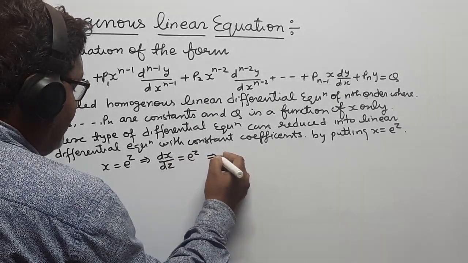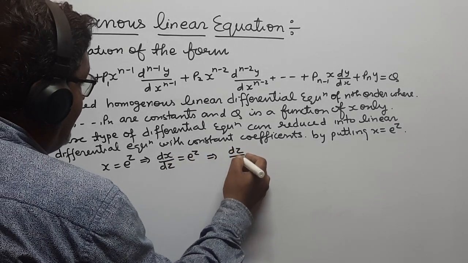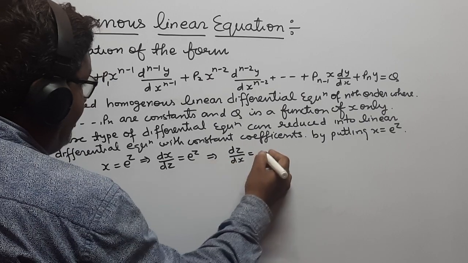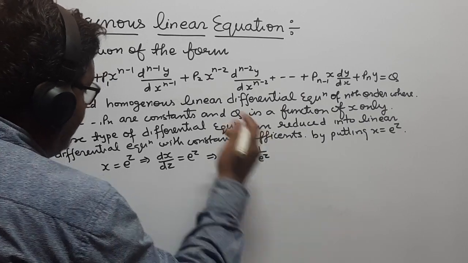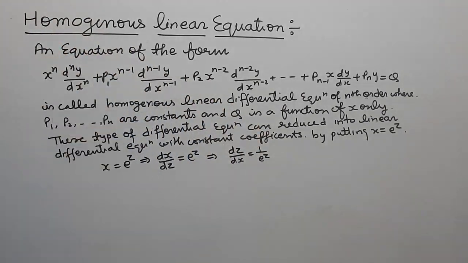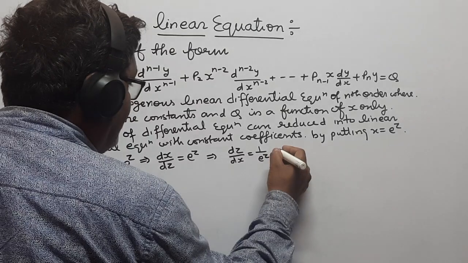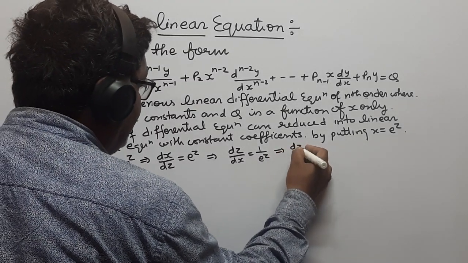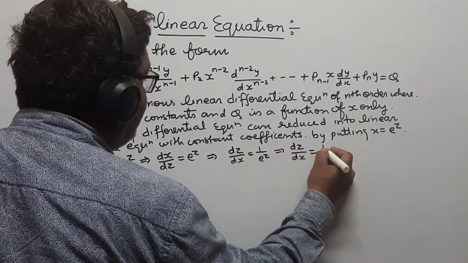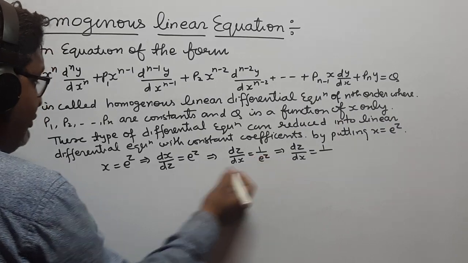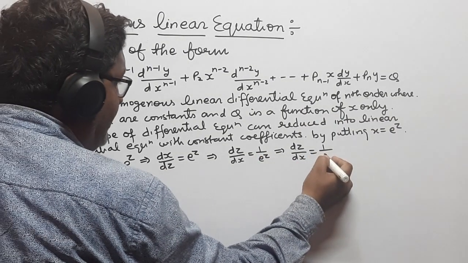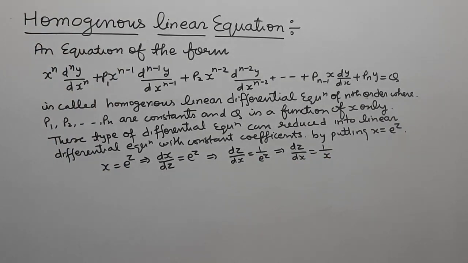Now this can be also written as dz upon dx is equal to 1 upon e to the power z. If we take the reciprocal, in place of e to the power z we put here x.